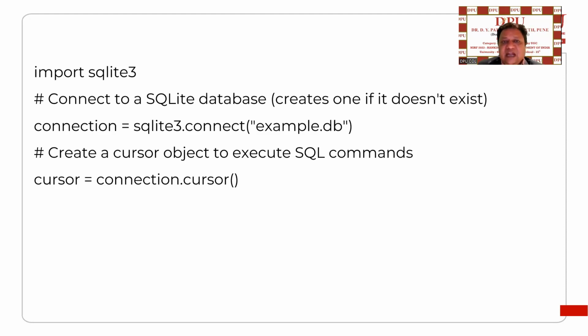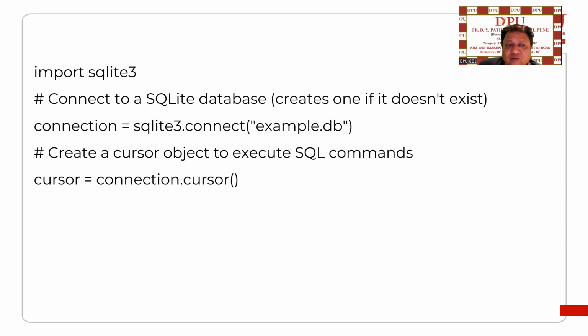That would be better, so that whenever I see this connection object, I remember that it contains the connectivity. The name is relevant to the task that I am doing here. So here I'm connecting to the database, that's why I'm giving the name connection.